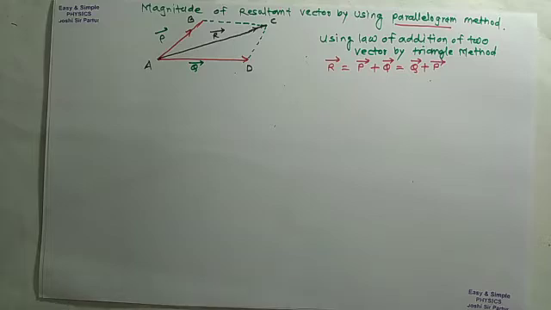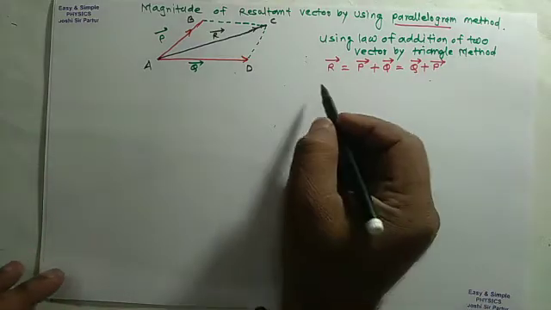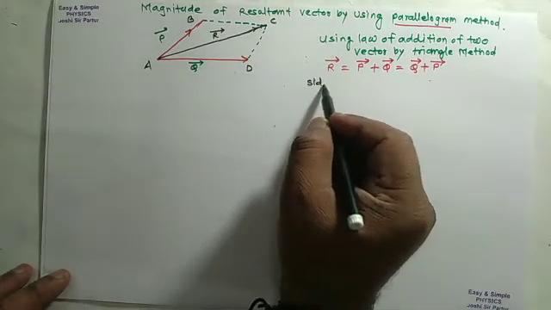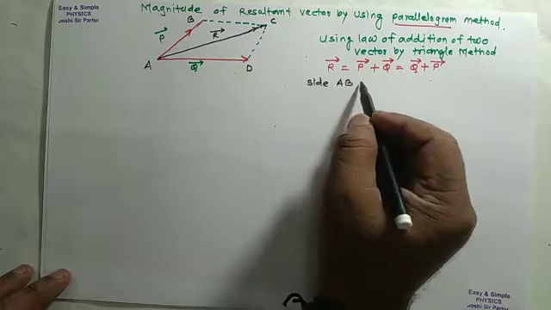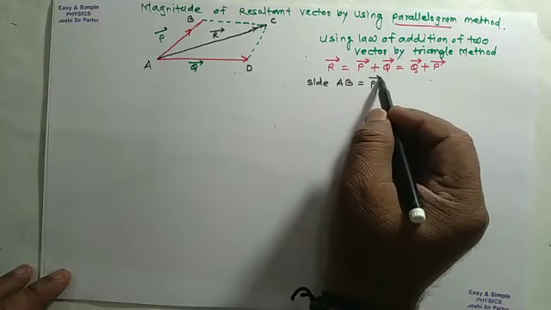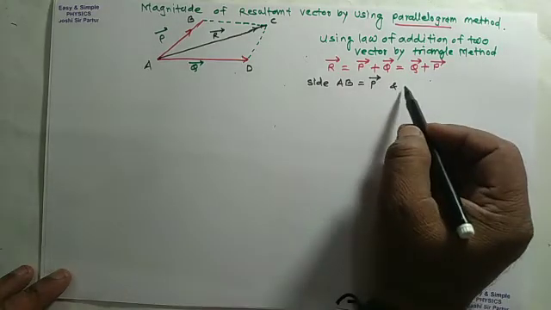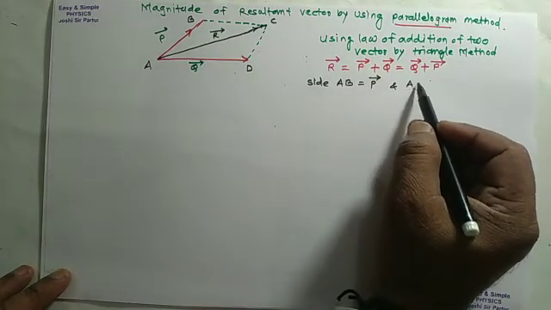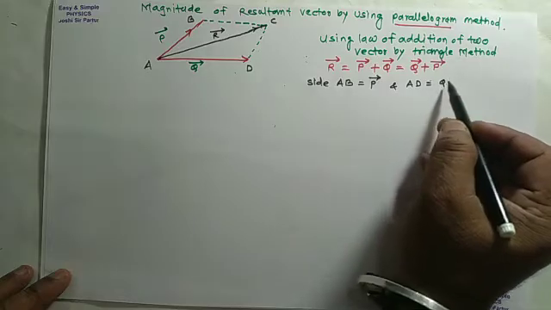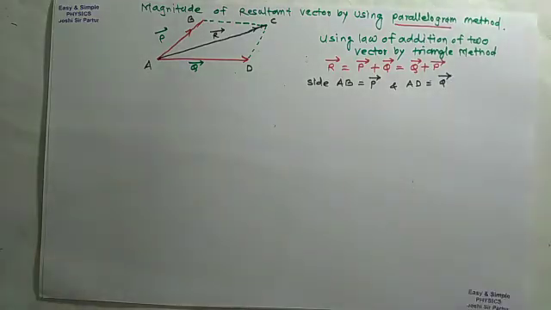In this parallelogram ABCD, side AB is represented as vector P and side AD is represented as vector Q.